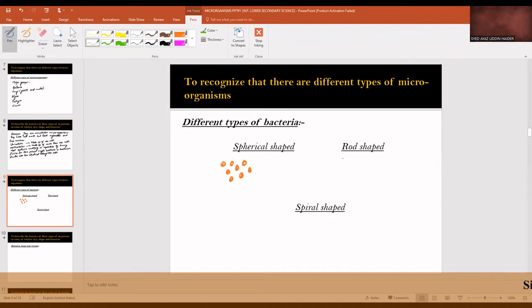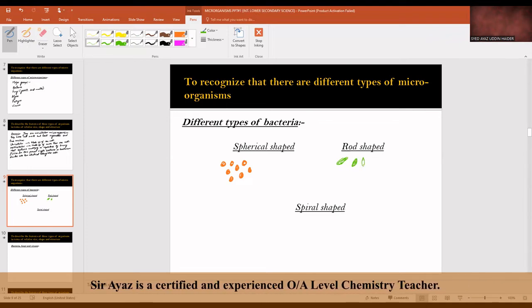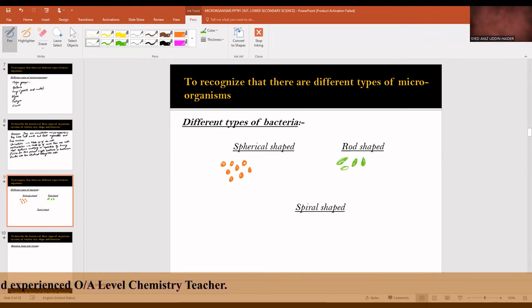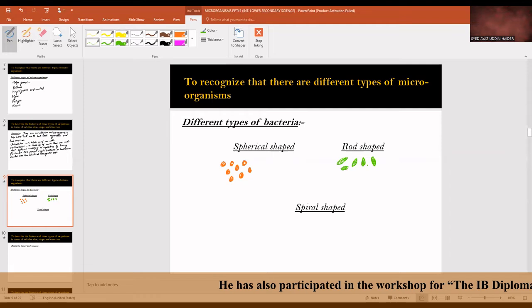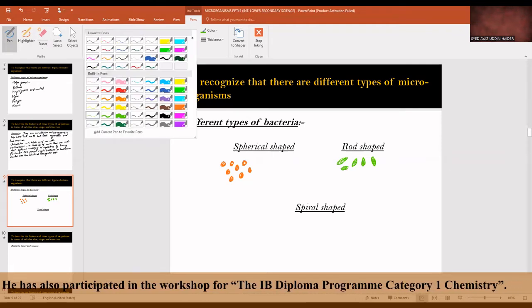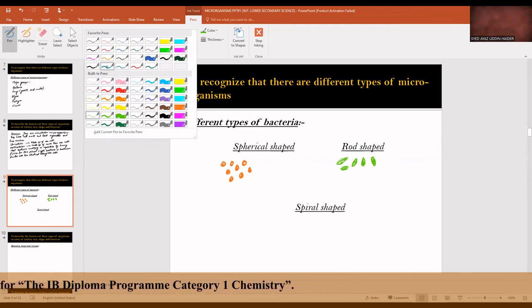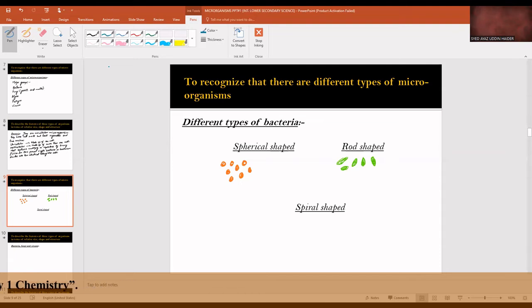Rod shaped bacteria are like this. Then you have spiral shaped bacteria. Some bacteria are even spiral shaped, like this.